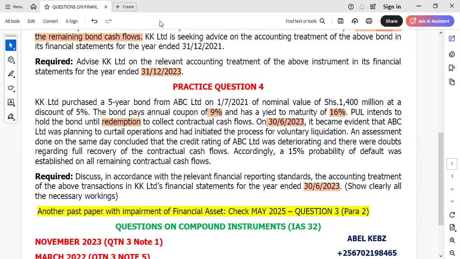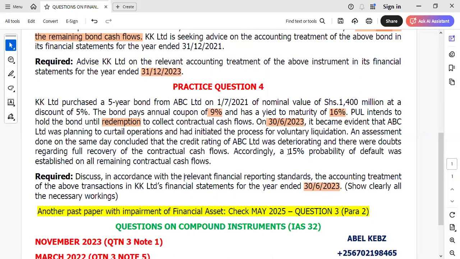Excuse me, yes, please. I have a question. In question 4, when determining the expected cash flow, I mean the coupon and the principal, we don't use 15%?